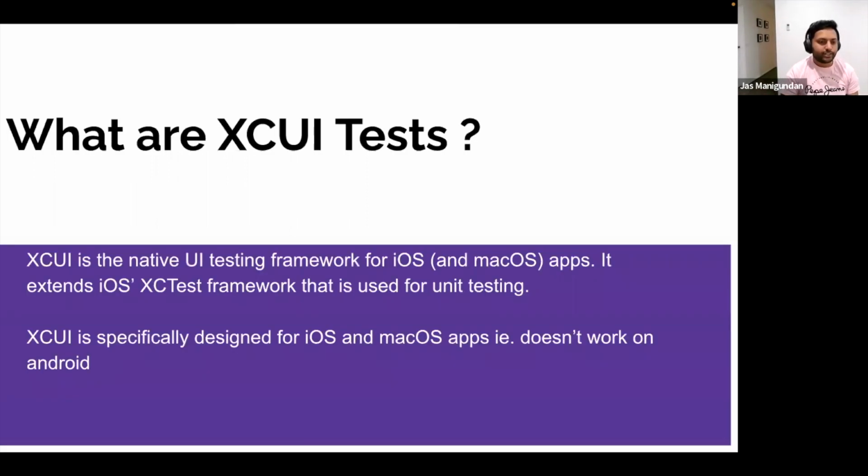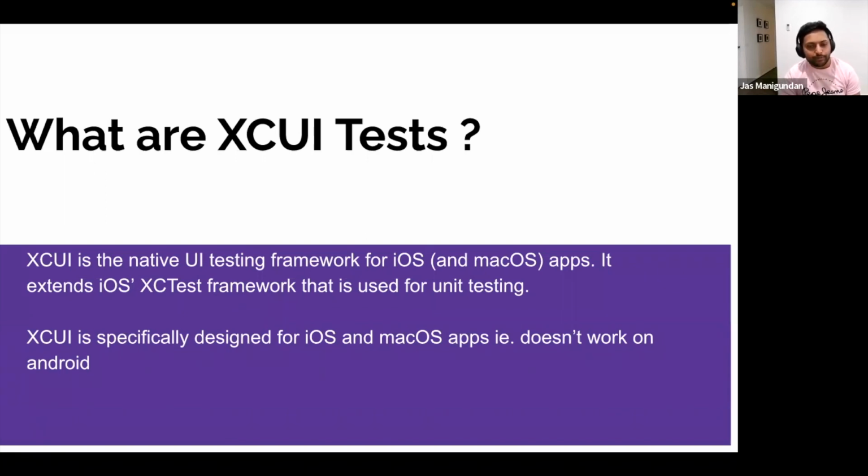Cool. So let's jump into one of the native test frameworks and see what the experience was writing the same test. So XCUITest. XCUITest is an iOS and macOS framework. It comes out of the box, so there's nothing new you need to install.